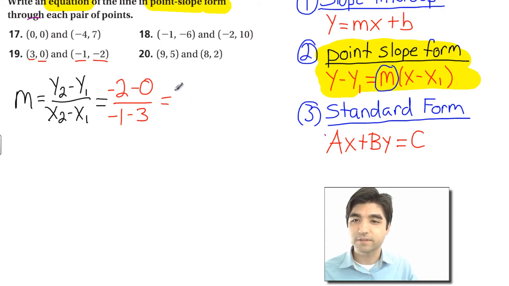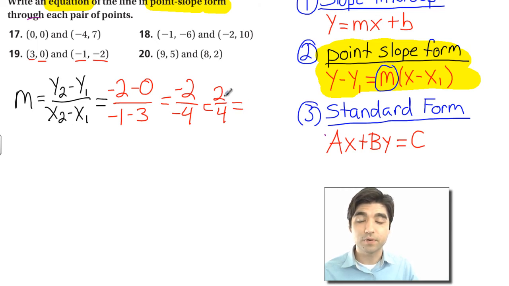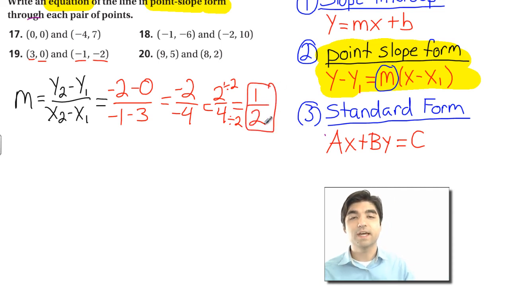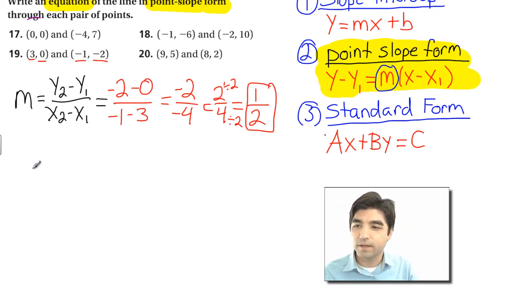So -2 minus 0 equals -2, and then -1 minus 3 equals -4. A negative and a negative equals a positive, so that equals +2 over 4. You can simplify the 2 over 4 by dividing the 2 by 2 and the 4 by 2. So 2 divided by 2 equals 1, 4 divided by 2 equals 2. So that equals 1/2.